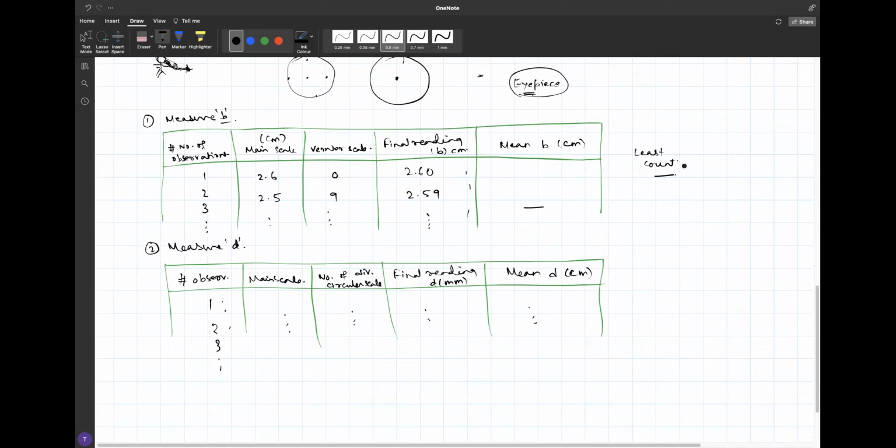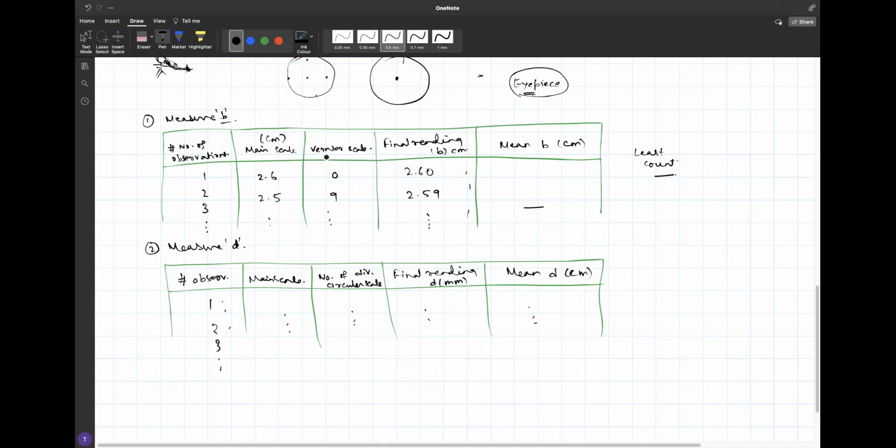So typically this is what you have to calculate, a least count for the screw gauge, and for the vernier scale also you have to find out what your least count is. You have to calculate that in both cases.